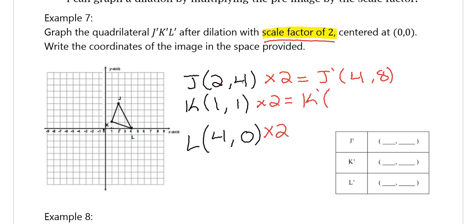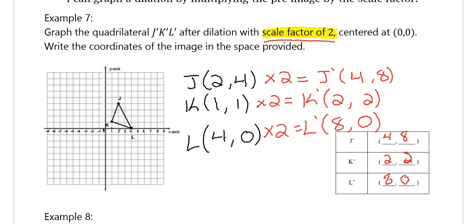K prime, 1 times 2 is 2, 1 times 2 is 2. And L prime, 4 times 2 is 8, 0 times 2 is still just 0. So now I have my J prime, my K prime, and my L prime. I can write them here. I'm not going to be too picky if you do not write them in the actual box.